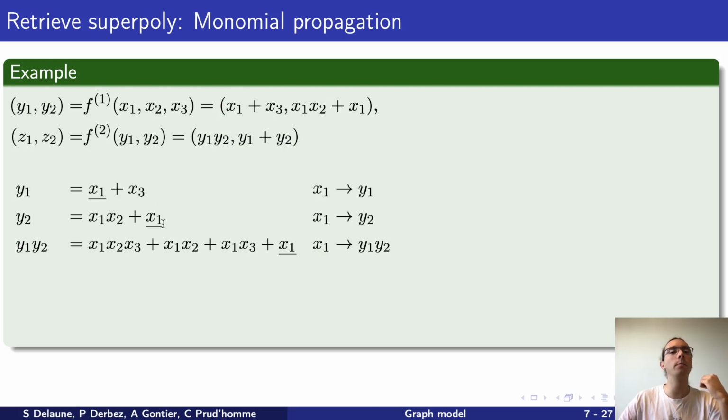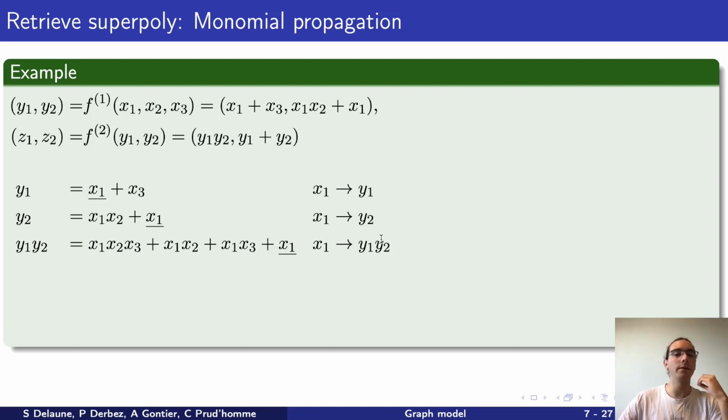We see that x1 appears one time in the polynomial of the monomial y2, and we see that x1 appears also one time in the polynomial of the monomial y1 y2. So we say that we have a monomial trail from x1 to y1, a trail from x1 to y2, and from x1 to y1 y2.